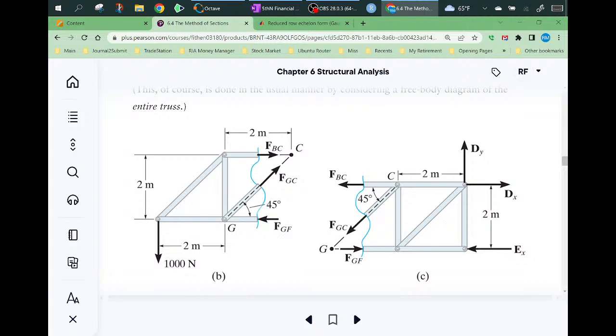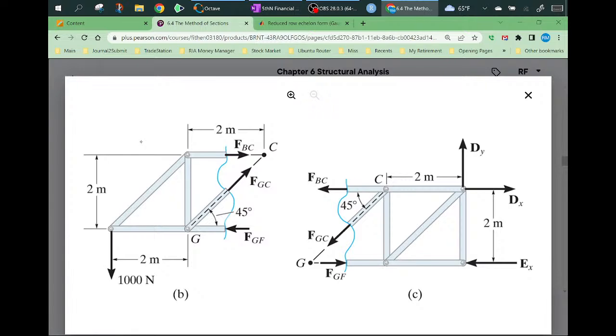You can also sum the moments about this G point. If you sum the moments about G, then FGC and FGF go straight through there, which tells you that 2 meters times FBC is equal to 2 meters times 1,000. So it turns out this load is 1,000 and this load's 2,000. And you could just sum the forces in the Y, I guess, and that would give you that component.